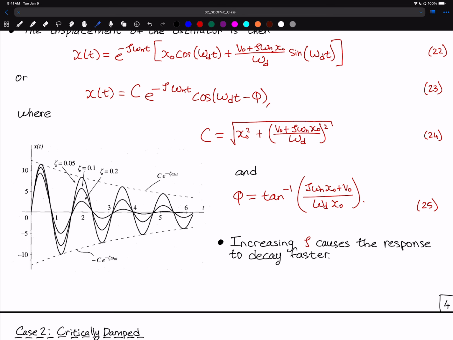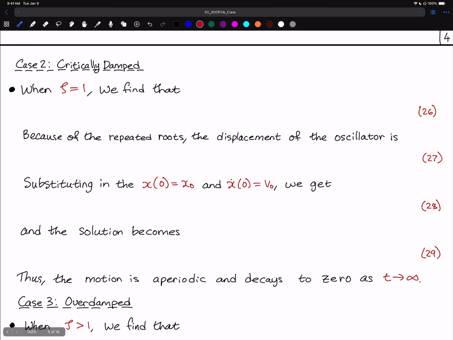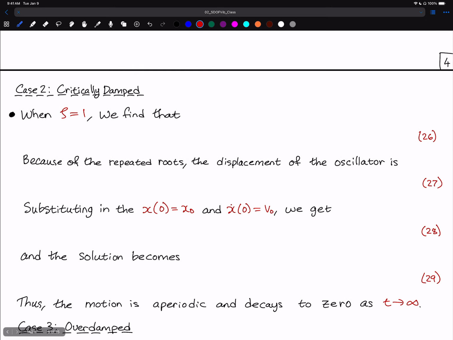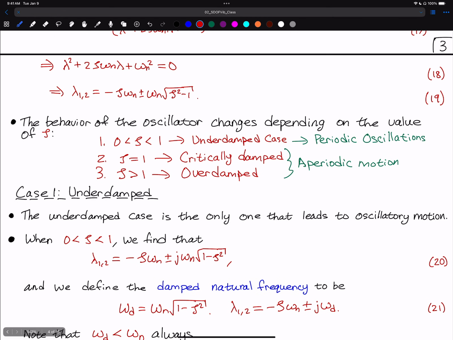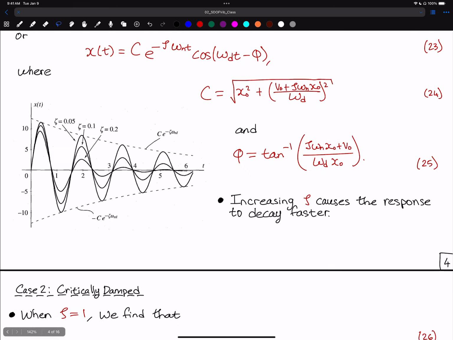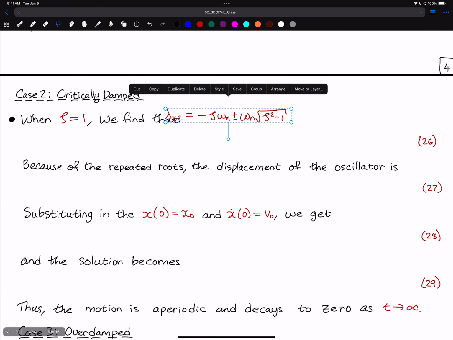We're now going to go on to case 2, which focuses on critically damped. This is when zeta is equal to 1, and in this case, if we go back up and I copy this equation for lambda 1 and lambda 2, I'm just going to bring it down here for us to see.